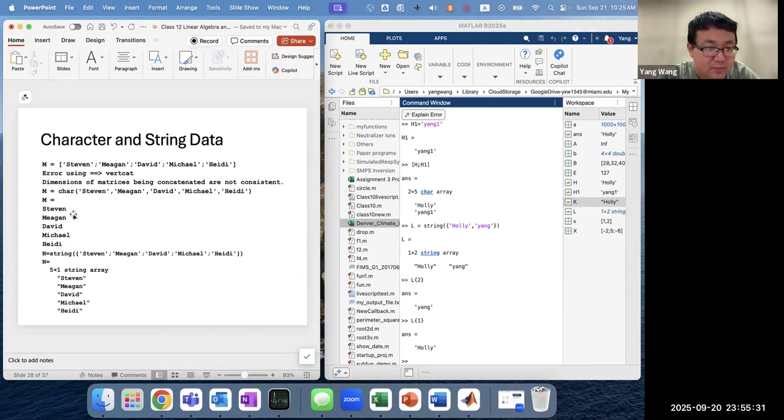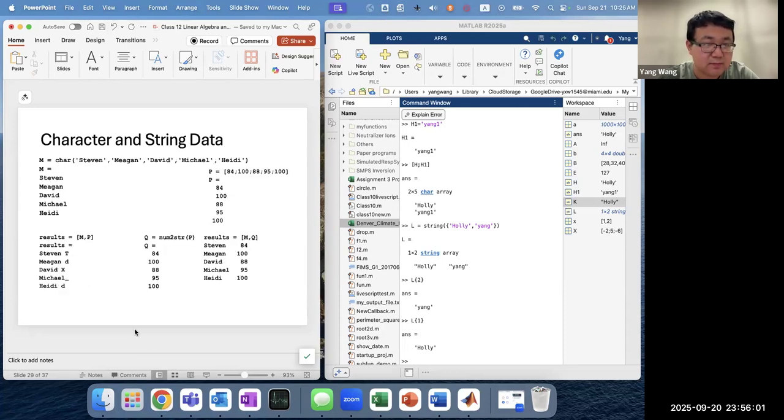What char does here is fill up the extra space with 0 for all of these character arrays. Another way is to just use a string function. The string function does not care how long each character array is, so you're not going to get any issue with this concatenation.